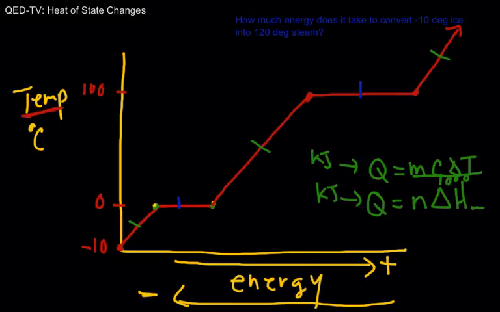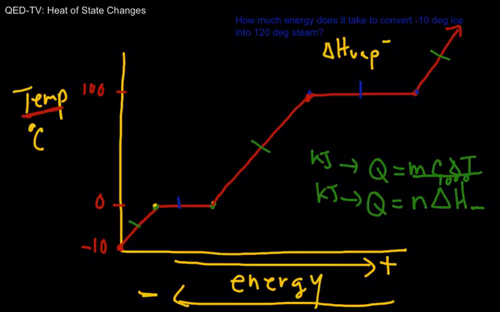We can take the moles of the water and multiply it by the heat of whatever it is. So if we're going from here to here, that one is called the heat, delta H of vaporization. I'll label it vap, the heat of vaporization.